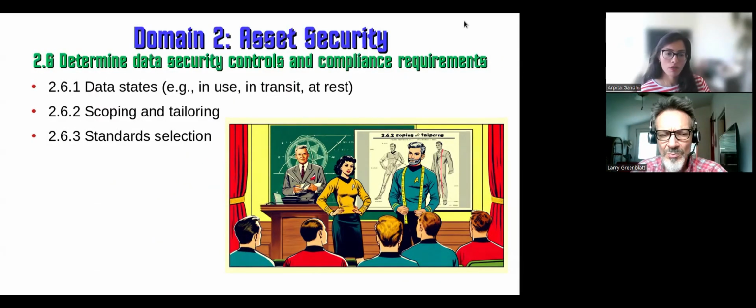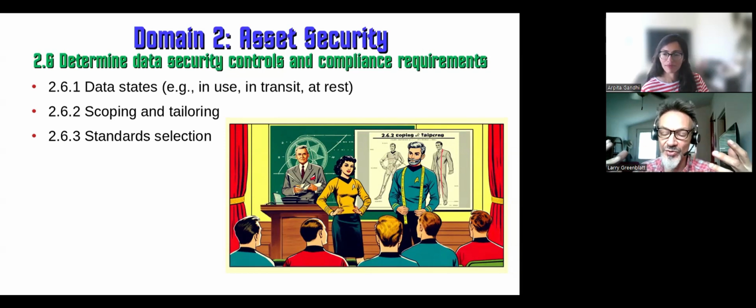2.6 talks about determining data security controls and compliance requirements. Well, CISSPs must have a solid understanding of the different data states. So we have data at rest, data in transit, and data in use, probably the hardest one to protect, by the way, and apply appropriate security controls to protect data in each state. They should be familiar with the concept of scoping and tailoring, right?